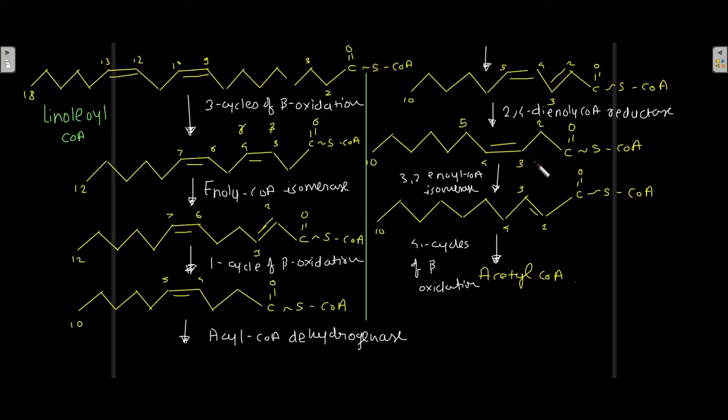Then this is subjected to 3,2-enoyl coenzyme A isomerase, and this molecule is obtained, which is then subjected to 4 cycles of beta oxidation, which results in acetyl coenzyme A. So from linoleoyl coenzyme A you finally get acetyl coenzyme A, and in the process the 2 carbon units in the form of acetyl coenzyme A are released by beta oxidation.